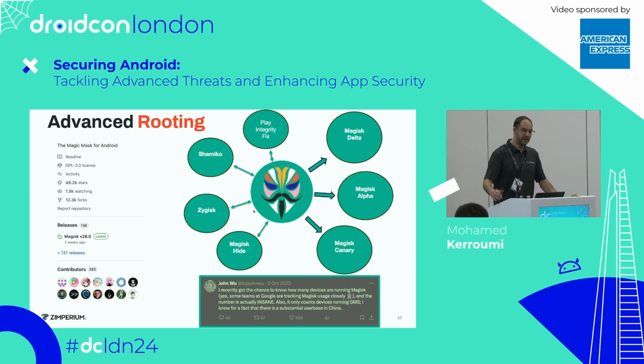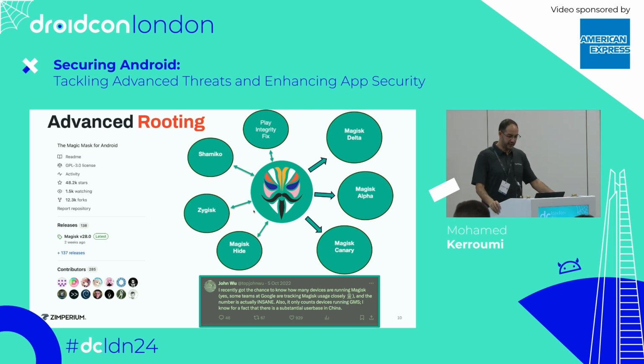And it keeps getting more and more, I would say, there's a great community developing Magisk, following up and evolving it. There are almost 300 contributors working on Magisk. This is without counting all the versions and what we call the forks of Magisk, for example Magisk Delta, Alpha, Canary.